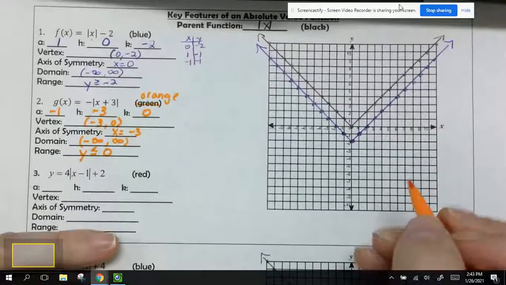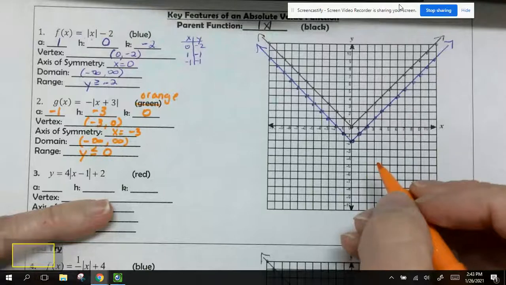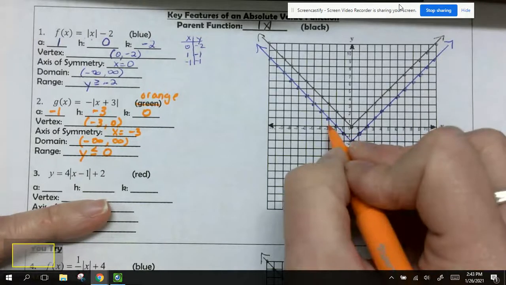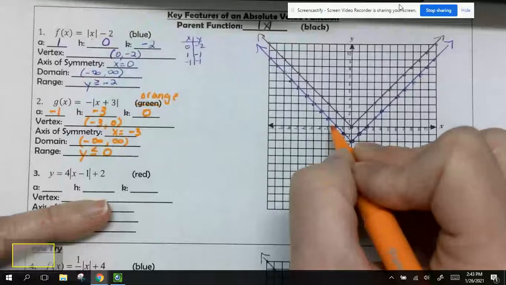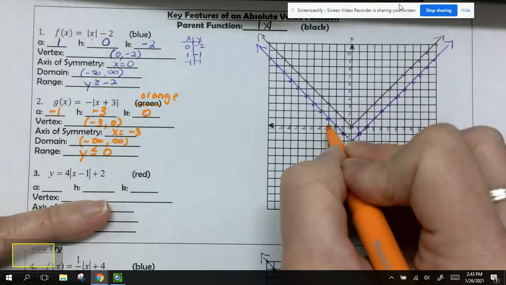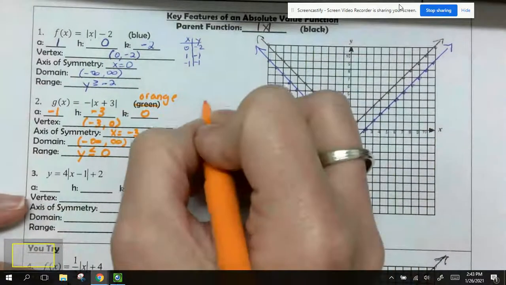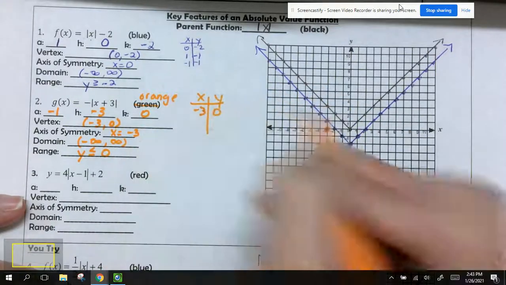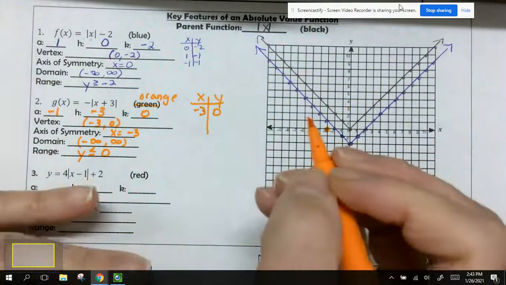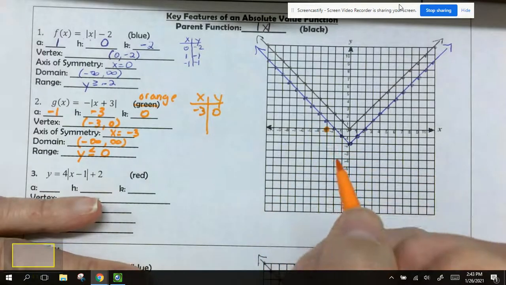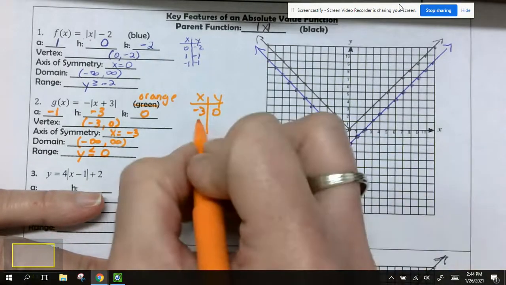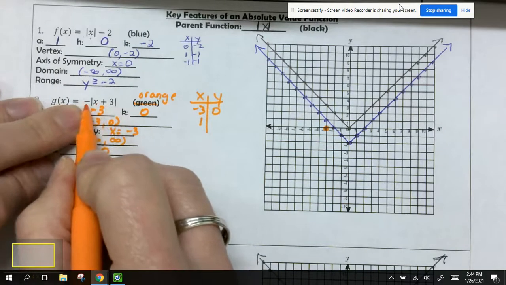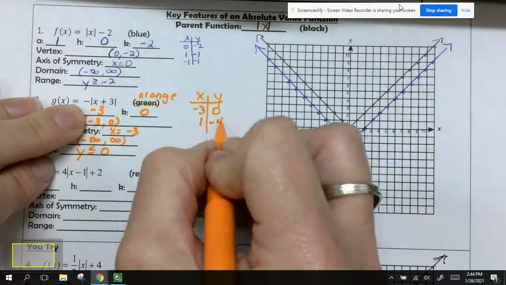Okay, so I'm going to come over here and I'm going to plot some points here. The first point I'm going to plot is negative 3, 0. That's going to be this point right here. Okay, now you can make a T-chart and do some points. We got negative 3, 0. Okay, what if I put in 1? 1 plus 3 would be 4, and then the negative outside would give me negative 4.